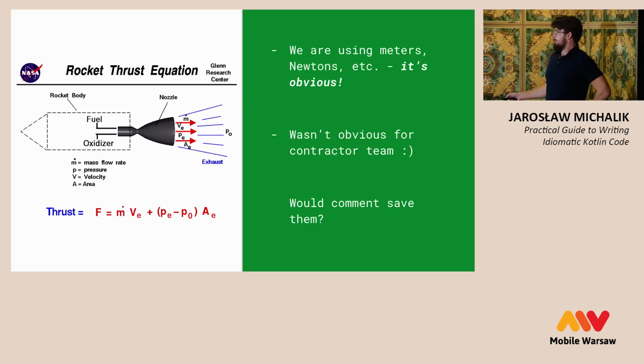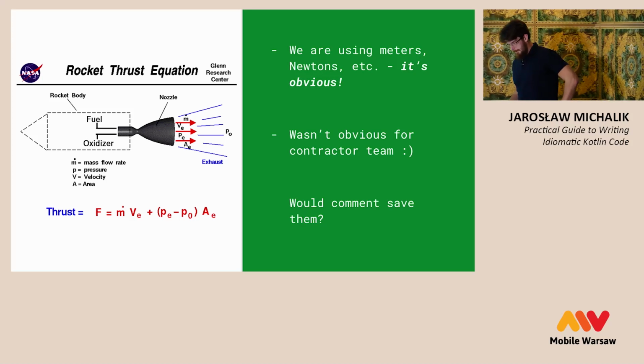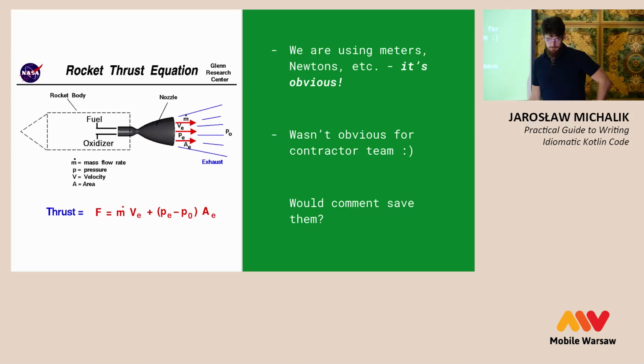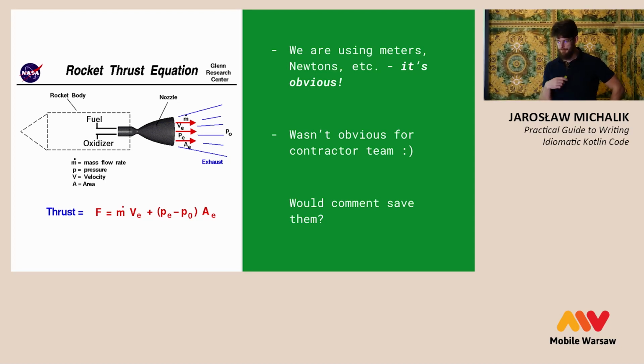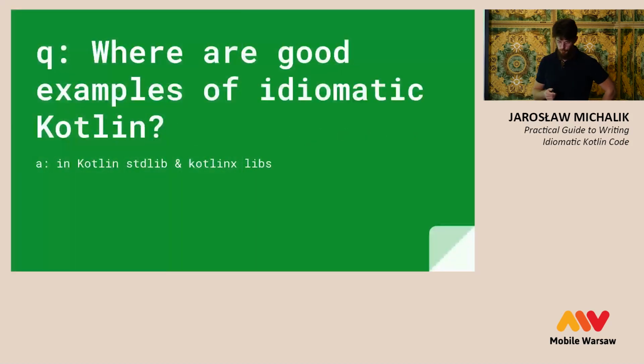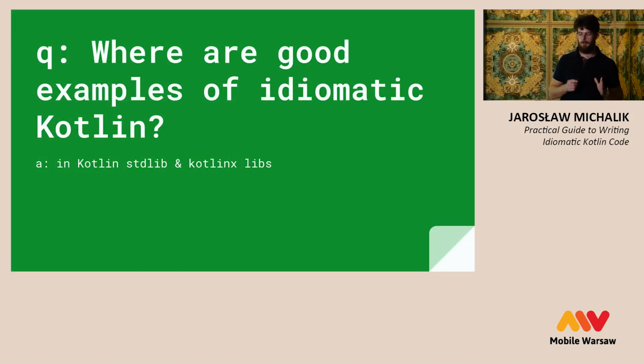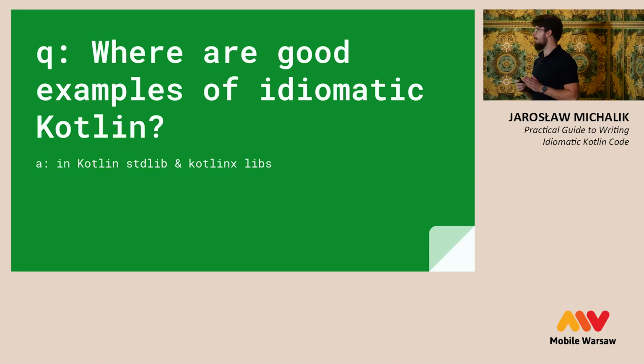I'm not sure if a single comment would save them, but introducing at least a few rules from software craftsmanship would be beneficial. But now we will never know. Okay, we are coming to an end.